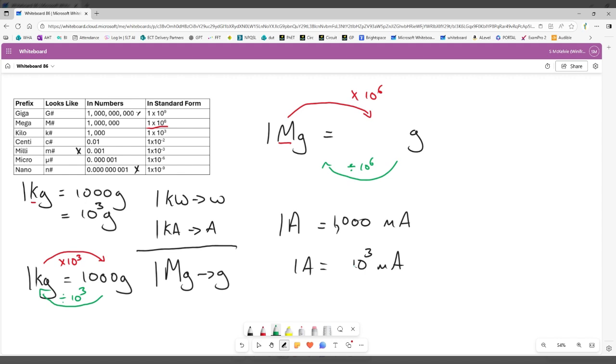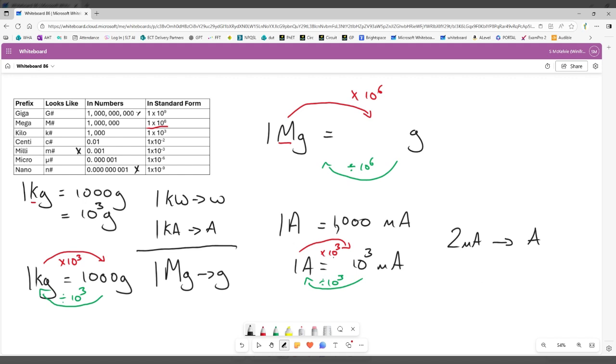How do I go from 10 to the power of 3 to the number of 1? I divide by 10 to the power of 3. How do I go from the number 1 to the 10 to the power of 3? I multiply by 10 to the power of 3. So if I was asked to convert 2 milliamps into amps, I would draw this out.